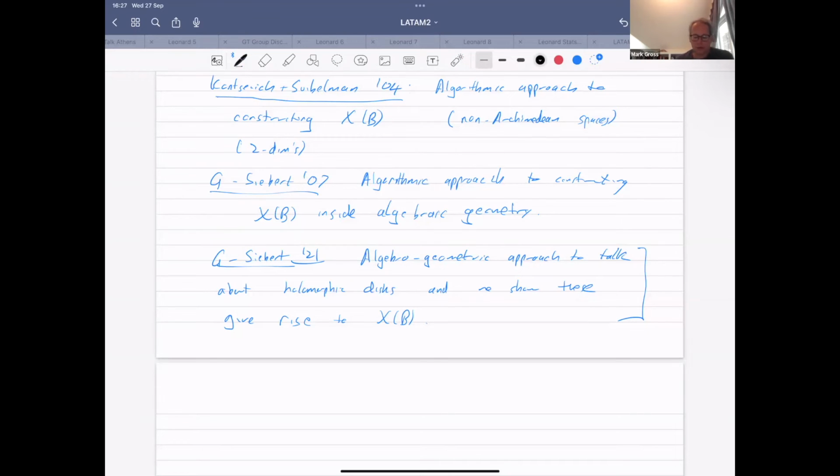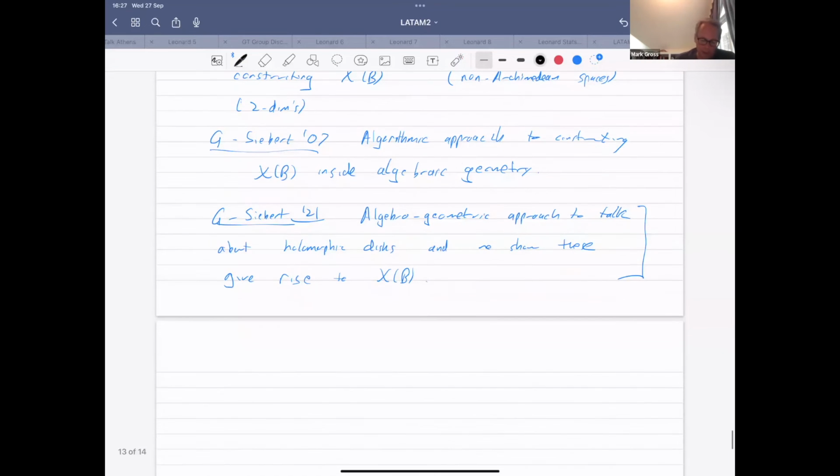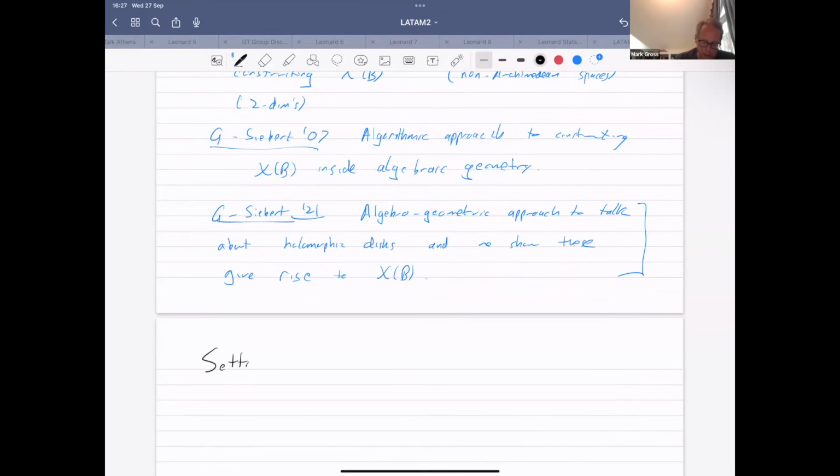So let me now turn to the setting. So far we've been talking about Calabi-Yau varieties and mirrors of Calabi-Yau varieties. But in fact, even in the early string theory literature, you never got a mirror just by looking at a single Calabi-Yau.